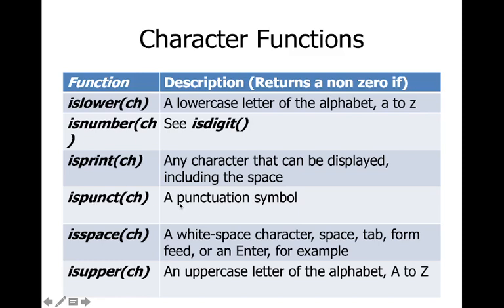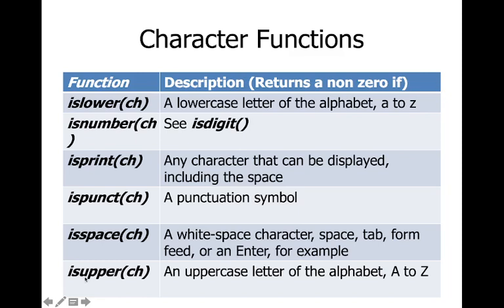It will check whether it is a punctuation symbol. Then isspace of ch. It will check whether it is a white space character: a space, a tab, a form feed, or an enter, it can be any of these characters.